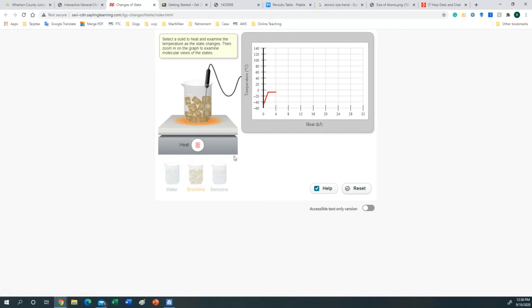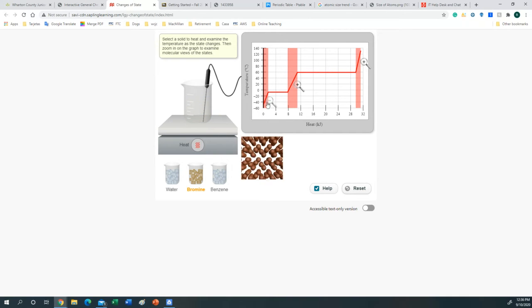So I'm going to start heating this, observe the curve, and see how this changes the state. At the same time, I can magnify here and look at the molecular level at what's going on. Then in the worksheet you have some questions that you have to answer according to what you see here.